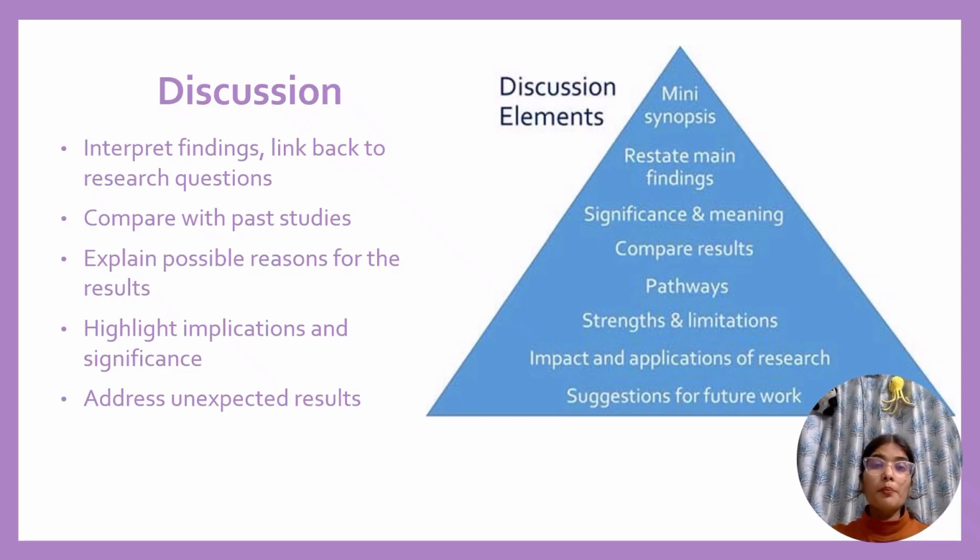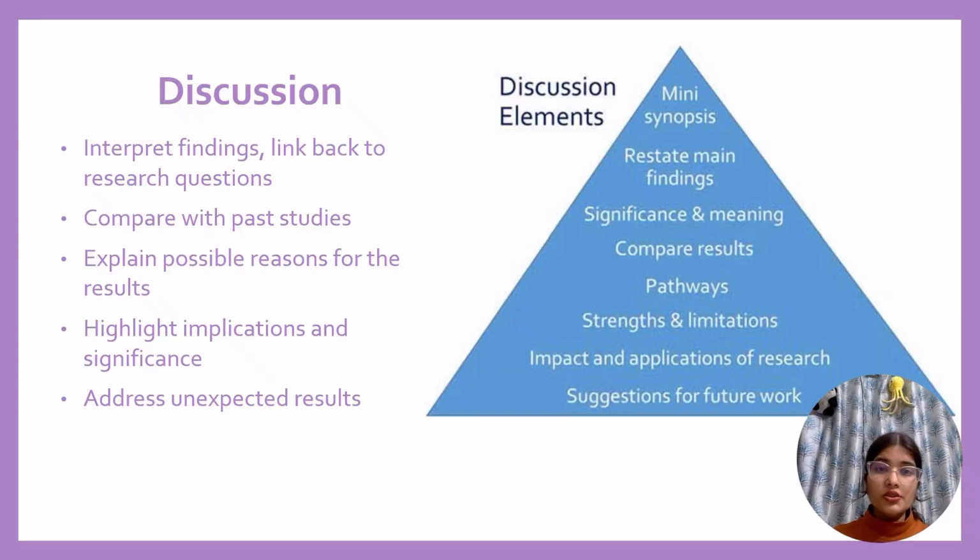Next, compare your findings with what other researchers have discovered. Do your results support previous studies or do they show something different? For instance, maybe some studies found that students perform better in classrooms, but your results show that online learners did equally well. The contrast is something worth exploring.